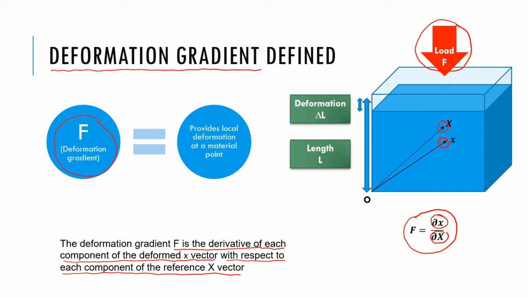So deformation gradient is a tensor quantity, and we're going to see how different loads affect deformation gradient. We're not going to again get into details of this, but you will see later on that the equations are formulated in a way that it is the deformation gradient that we solve for.